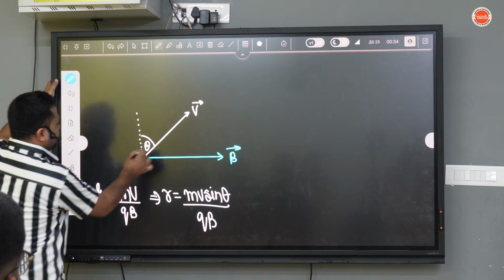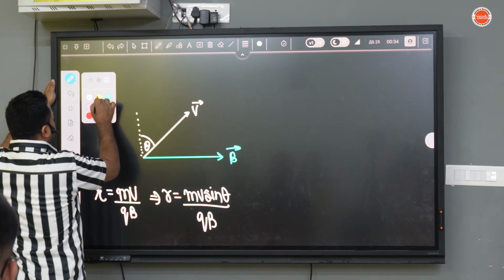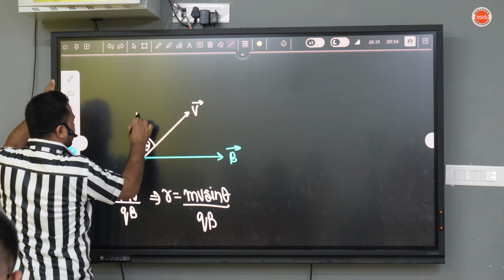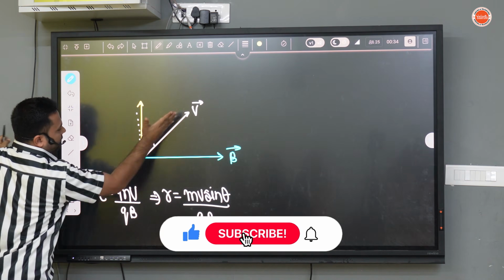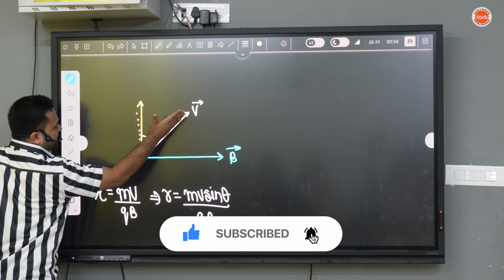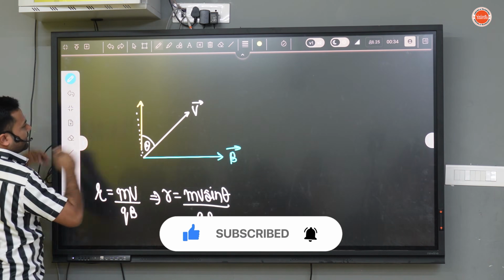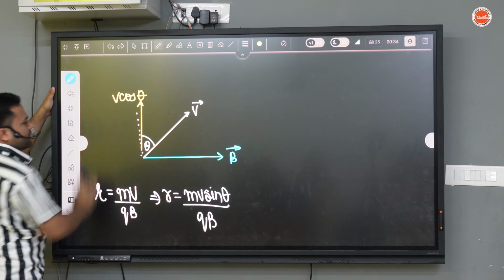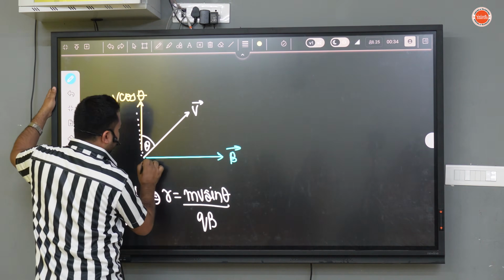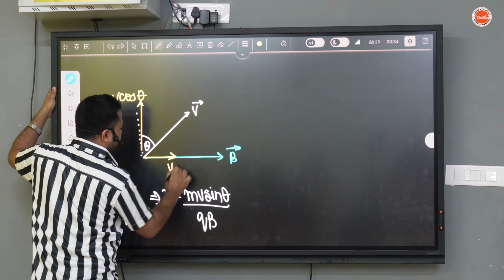If this is theta, can I write this component? See, take the v vector and rotate it towards theta. So this component will be v cos theta, and this component will be v sin theta.